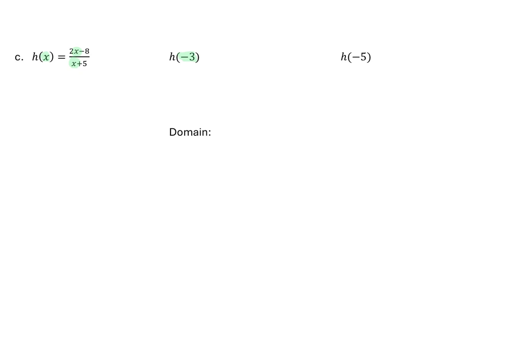X can occur multiple times, and we can plug in the number multiple times. So if we go ahead and plug this in, we get 2 times -3 minus 8 in the top, and in the bottom, we get -3 plus 5.